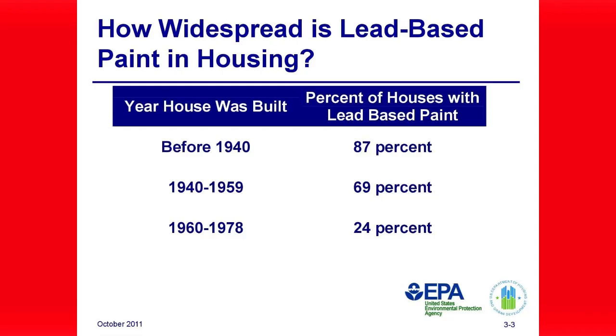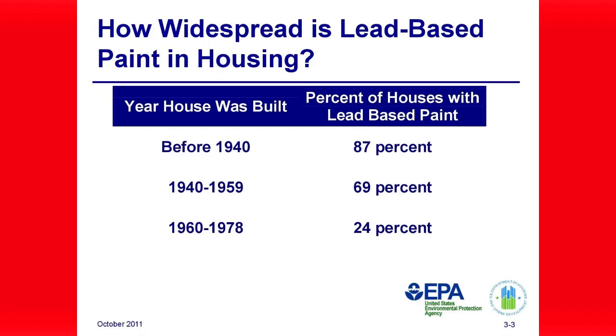How widespread is lead-based paint in housing? As you can see in the slide, if the home was built before 1940, there's an 87% chance that the property may have lead-based paint. If it was built between 1940 and 1959, there's a 69% chance. If the home was built between 1960 and 1978, there's a 24% chance.